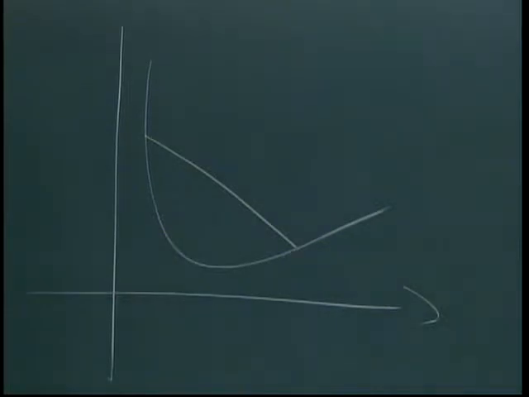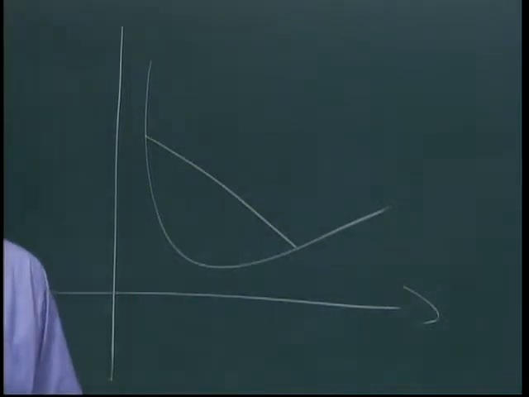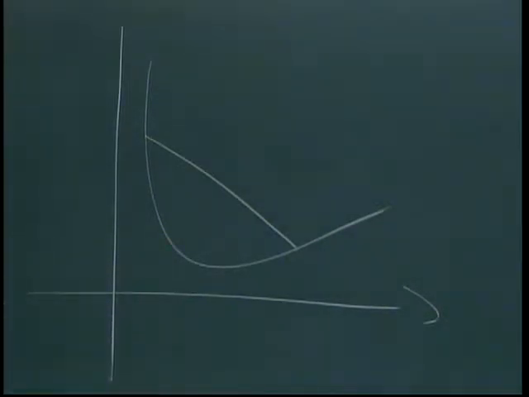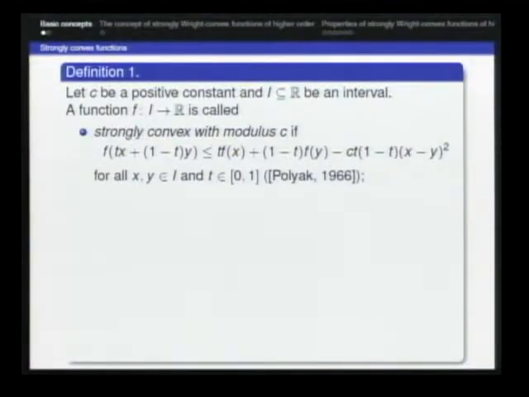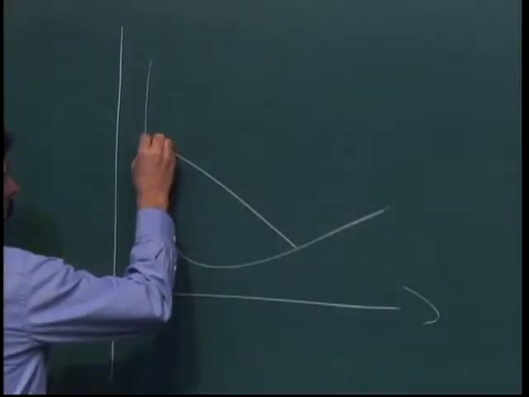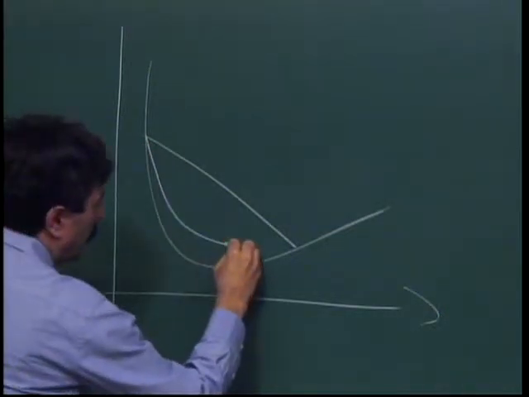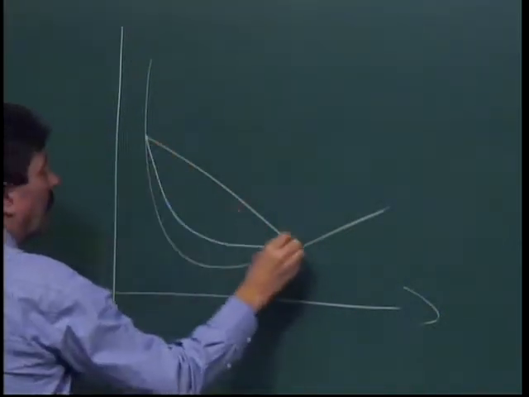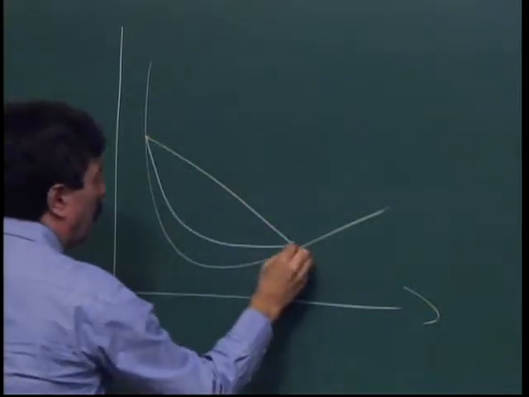Now, it is a stronger requirement here, as you can see. Instead of the convexity inequality, we assume here that the left-hand side is less than or equal to, this is the convexity part, minus a positive c times t times 1 minus t times x minus y squared. It is easy to see that it is a stronger requirement. In fact, then the graph of the function has to be below a certain parabola going through these 2 points.